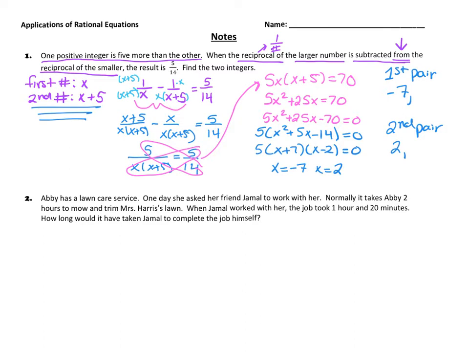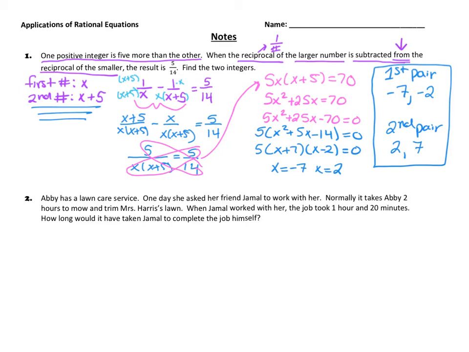So my first number is negative 7. Well, negative 7 plus 5 is negative 2. So that's my first pair. If 2 is a number, that means the pair is the 7. So there are 2 pairs of answers that work for this problem. We have to make sure that we state both pairs of answers.